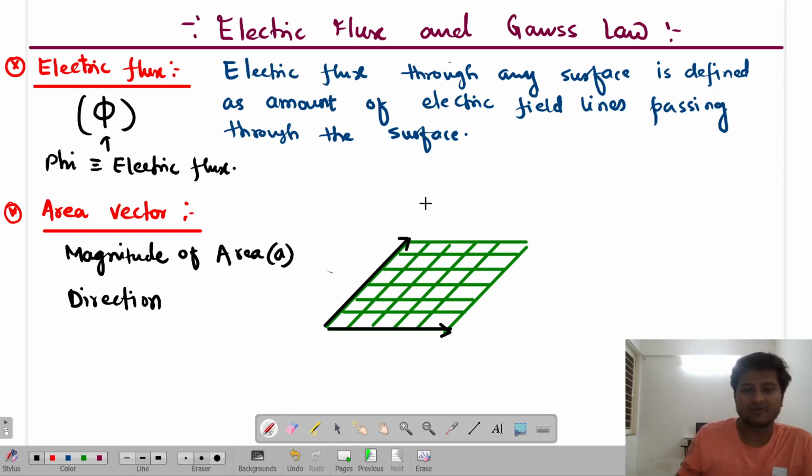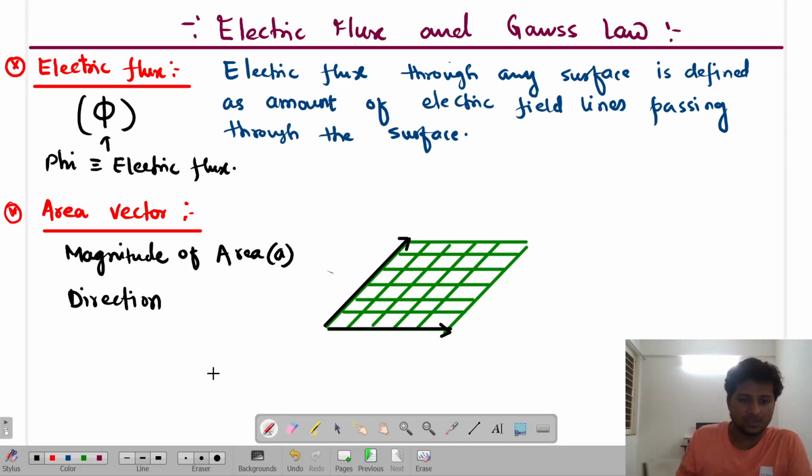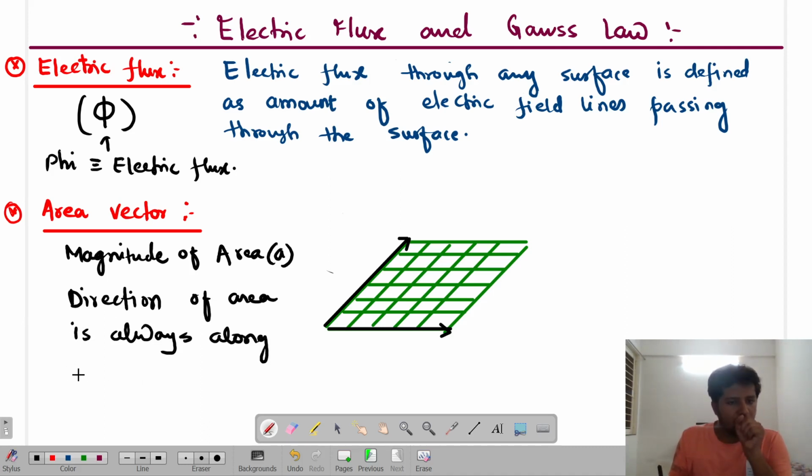And if I write C vector equals A cross B, we know that C is that particular vector which is present along the perpendicular direction of A and B, or we can say that the direction of vector C is along the normal, isn't it? So basically the direction of area is always along the normal. Are you able to get me or not?